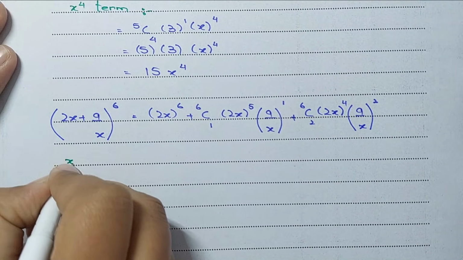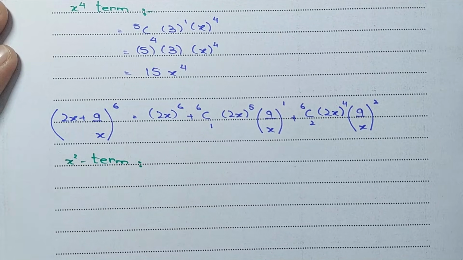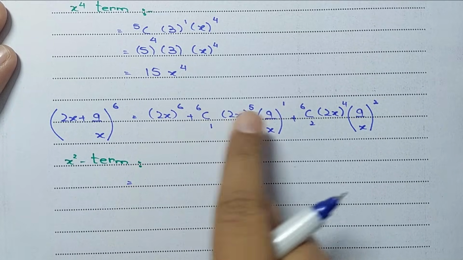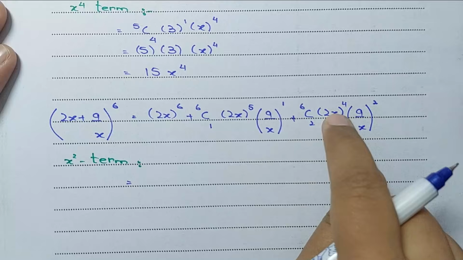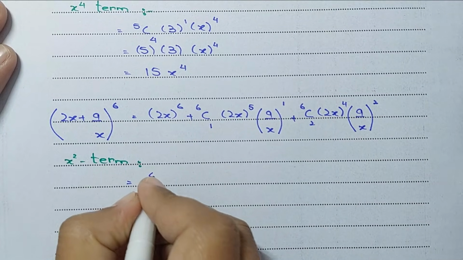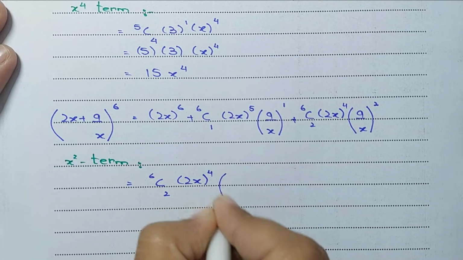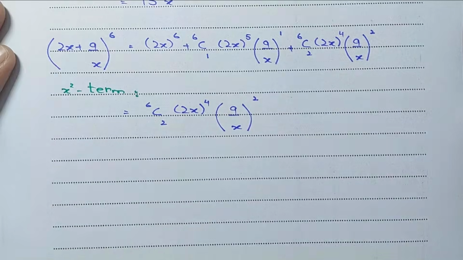So the x² term becomes: this is the x⁶ term, this is x⁵ times x⁻¹, so 5 minus 1, the x⁴ term. This is x⁴ and x⁻², so 4 minus 2, this is the x² term. 6C2, (2x) to the power 4 and (a/x) to the power 2.